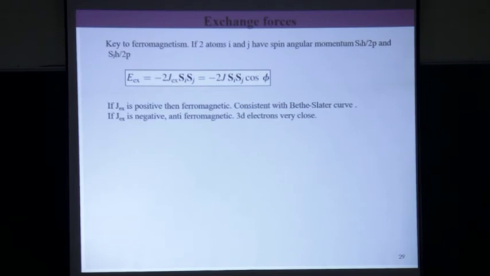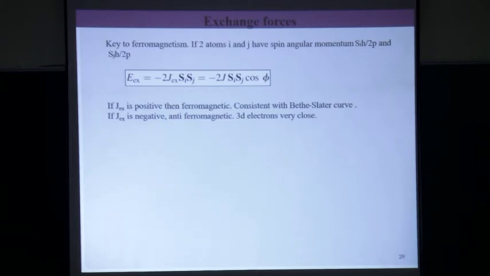Now comes the point you were asking, and this is why I say I don't want to give that analogy of a bar magnet, because if J exchange is positive, then the material is ferromagnetic. But if the J exchange is negative, you can get antiferromagnetic behavior.